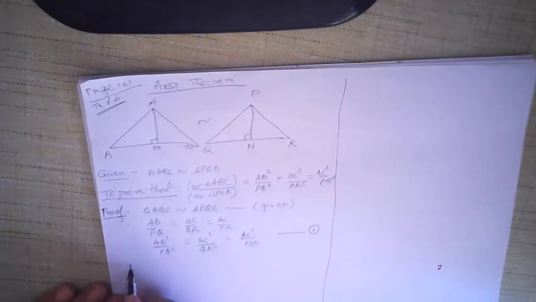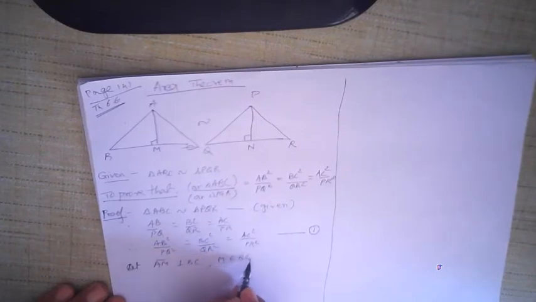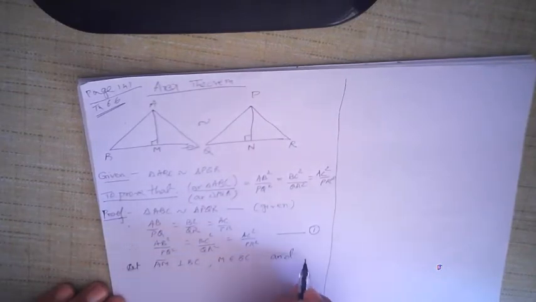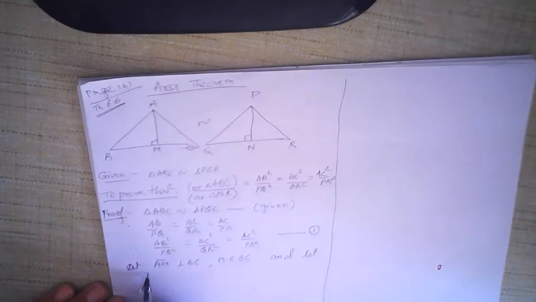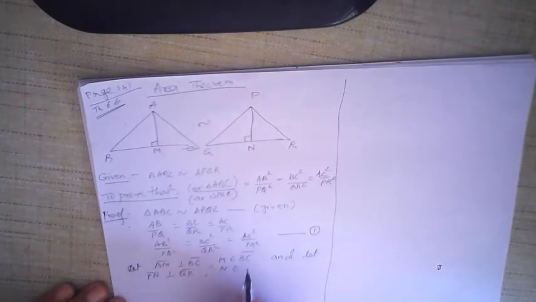Now you see, let AM be perpendicular to BC, where M belongs to BC, and let PN be perpendicular to QR, where N belongs to QR.